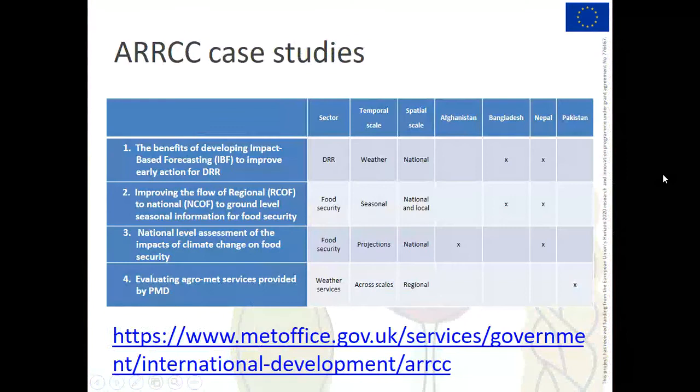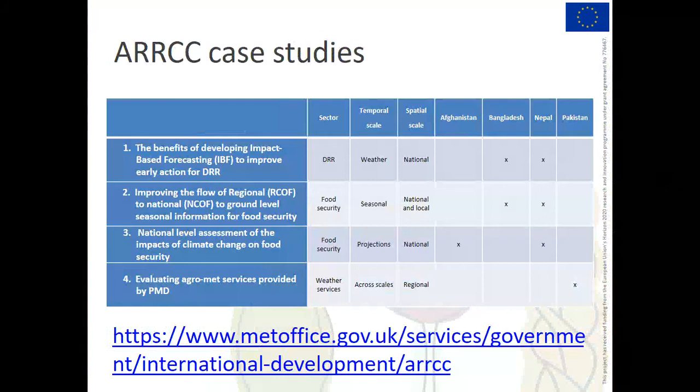Oh, sorry, I'm going the wrong way here. To do this, Marta and I are about to evaluate 4 case studies of different weather and climate services within ARRCC. Firstly, the benefits of developing impact-based forecasting on disaster risk reduction in Bangladesh and Nepal. Secondly, we'll be examining the flow of seasonal information from regional to national level, and how that might improve food security outcomes in Bangladesh and Nepal.